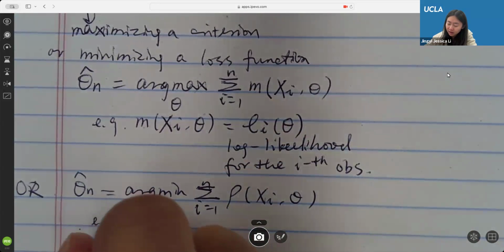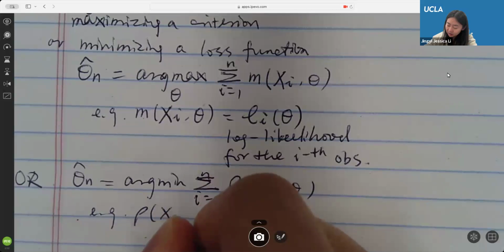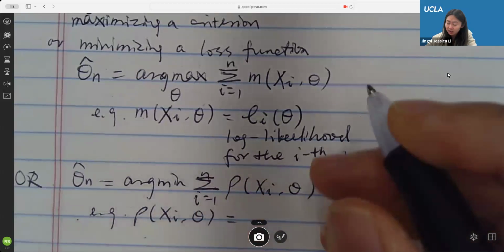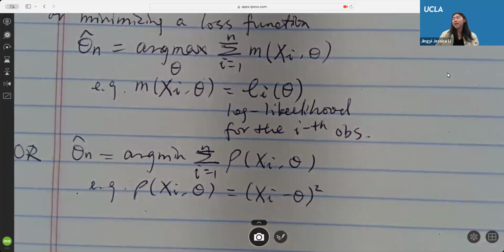For example, we can have the squared loss: rho(x_i, theta) can be defined as (x_i minus theta) squared. And in this case, the least squares estimator used in linear regression is also a special case of M-estimator. So M-estimator just generalizes everything we have seen, okay?